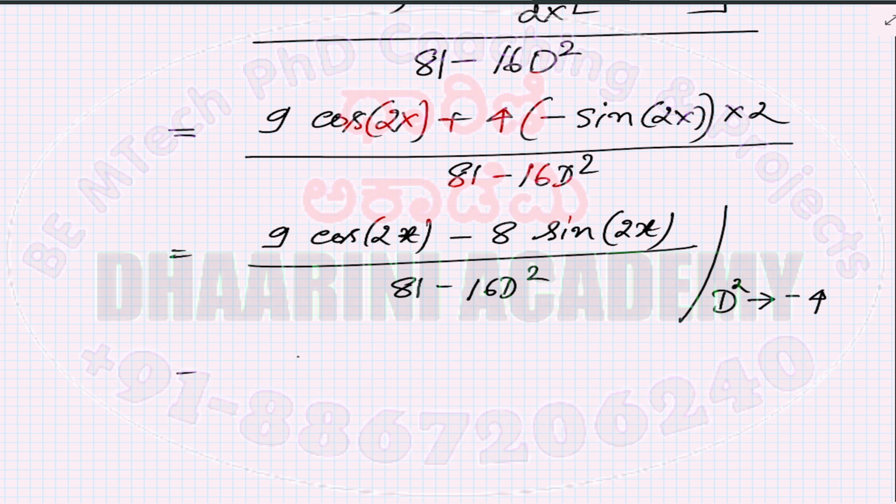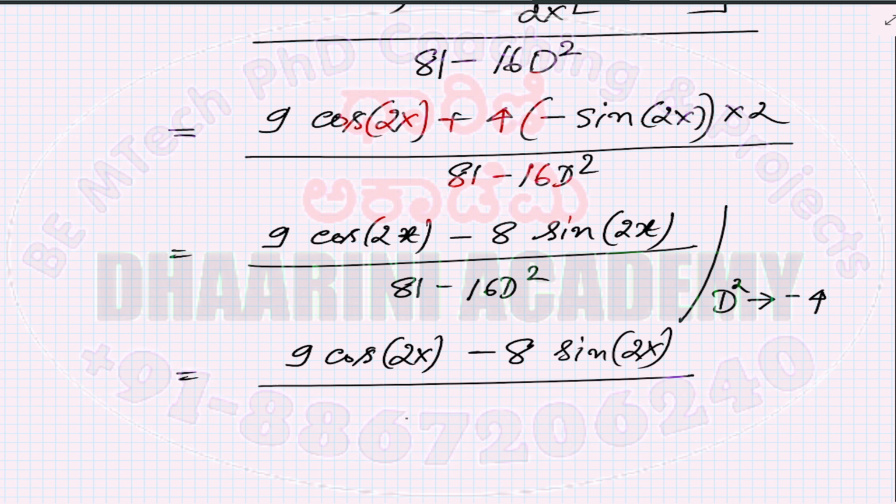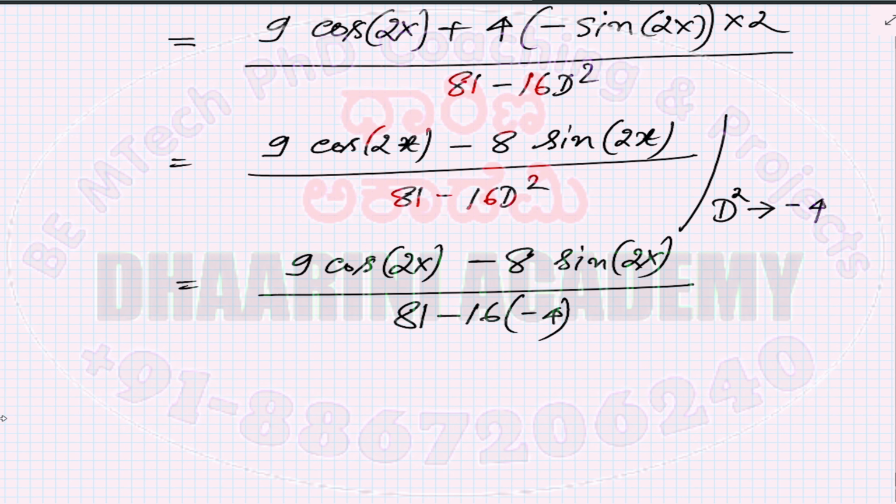So this means it is 9 cos 2x minus 8 sine 2x, whole divided by 81 minus 16 into D square equal to minus 4. 16 into 4 is 64, and a minus into minus is plus. So 81 plus 64 is 145. So I can directly write the answer.